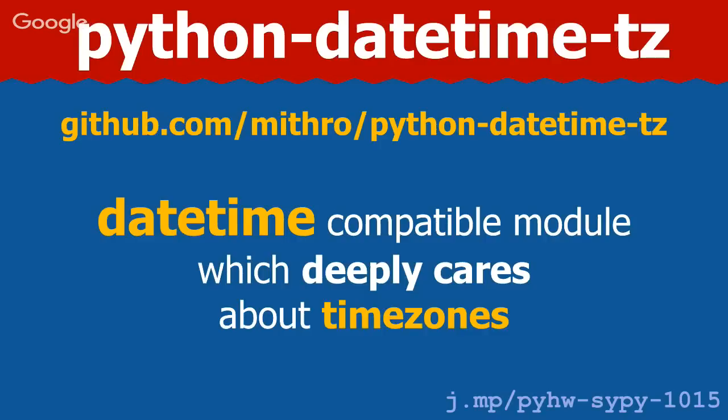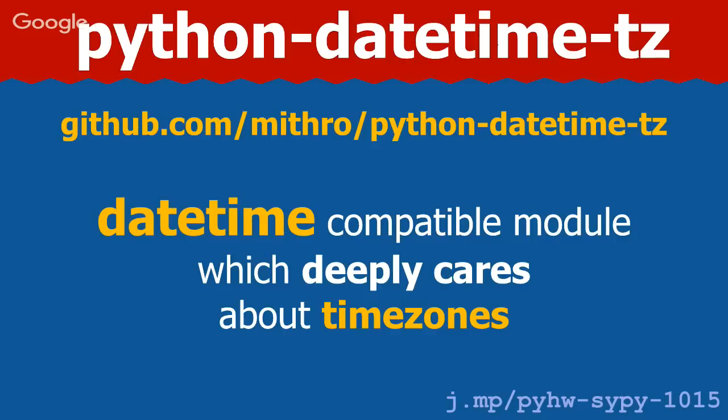But first, if you're using dates in Python, you should be using my module. It's basically a date-time compatible module which deeply cares about time zones and gets time zone maths as right as I can get it. So yes, Python datetime TZ. It works on Windows, Linux, Mac.